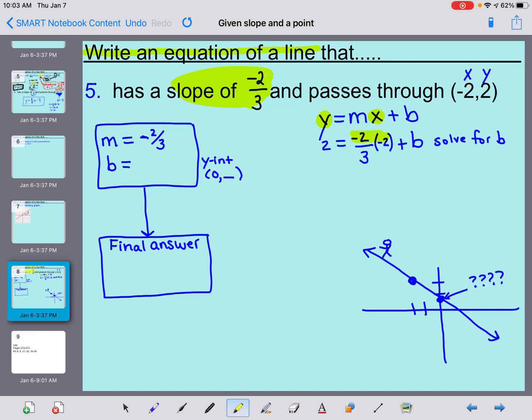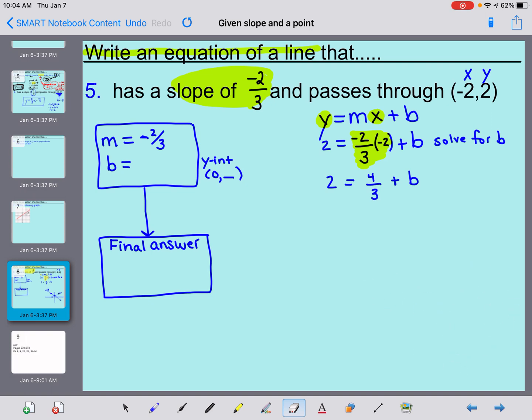Step number 1, let's multiply those two numbers. So negative 2/3 times negative 2, that becomes 4/3. I'm going to bring everything else down. Then we have to get the B by itself. To get the B by itself, I have to get rid of the 4/3.